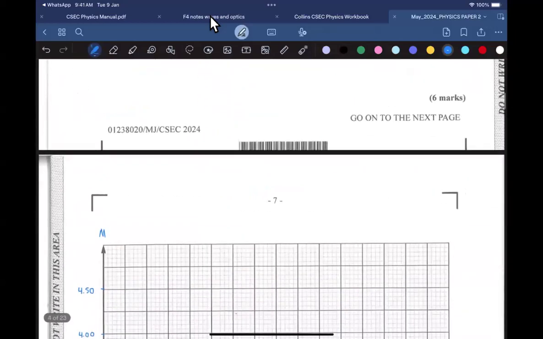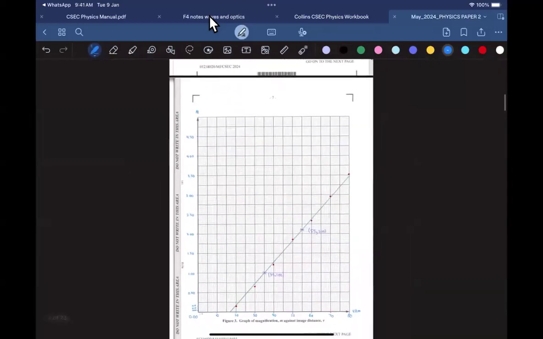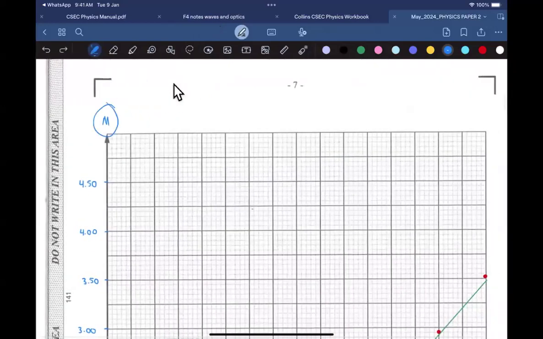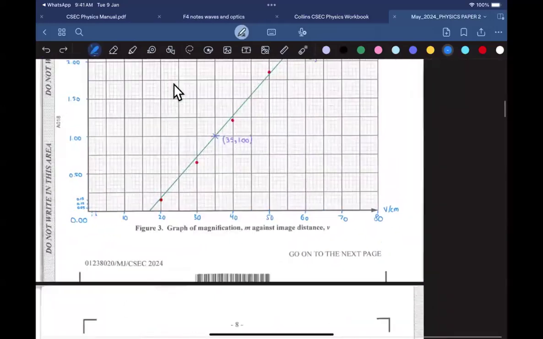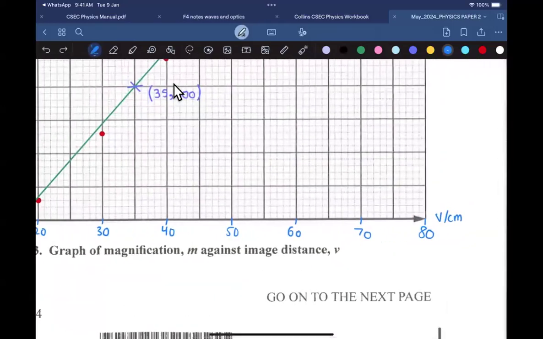So on the y-axis, I don't have any units. Justin, you understand that? However, on the x-axis, I was measuring image distance. What is the unit for image distance? What was I measuring the image distance in?